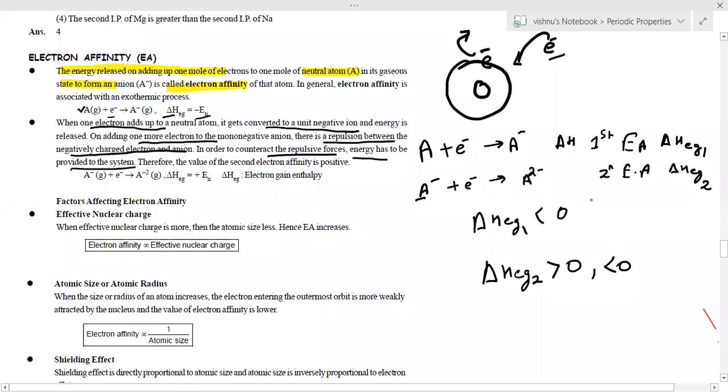Got it? Everyone understood this concept? Just raise your hand. No one is having doubt, right?